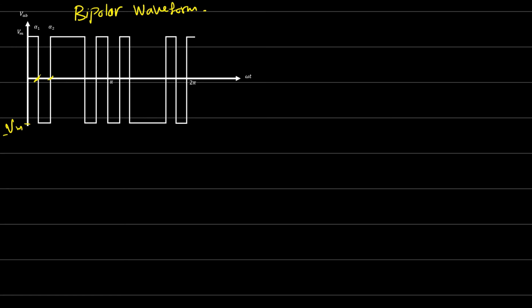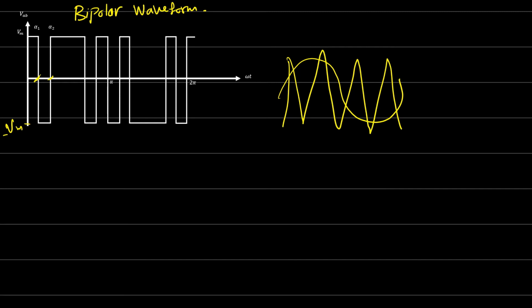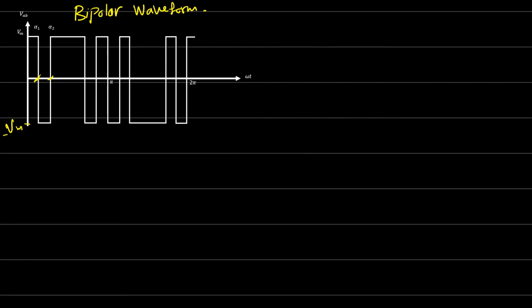We can select where we can chop our waveform. It's not just simply comparing the sine wave with the triangular wave. No, of course, if we compare the sine wave with the triangular wave, we can obtain a bipolar waveform like this. But we can design the chopped pulse width modulated signal in order to be chopped at certain angles here.